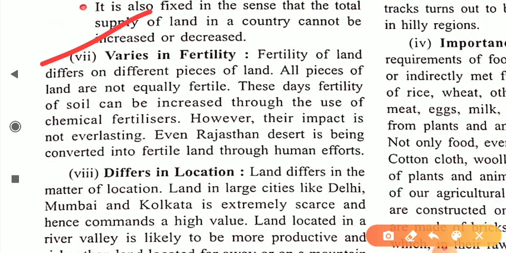In Rajasthan, we have the desert; in Madhya Pradesh, we have the plateau; in Uttarakhand and Himachal, we have hills and mountain areas, and that land is totally different compared to the land in Punjab and Uttar Pradesh. So we have a variety of fertility.